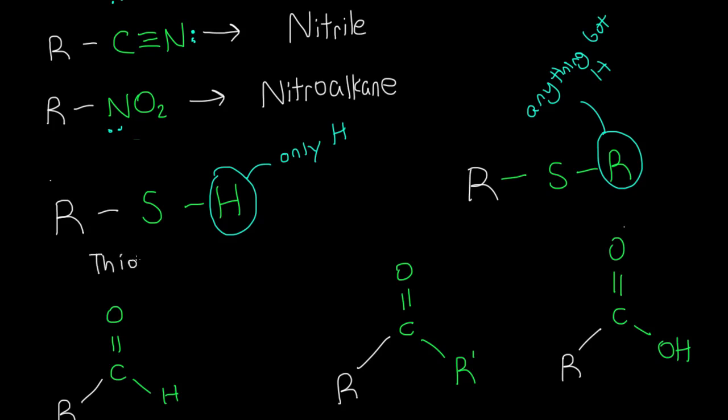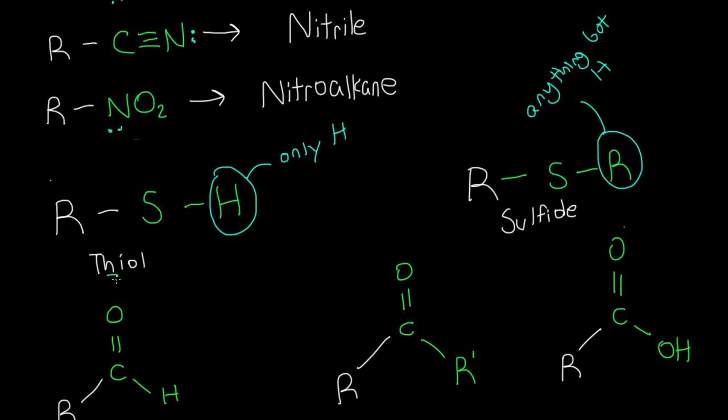Now we'll look at the name of the other one, and I'll show you guys my little trick to remembering these. So the one where we have an R group, or the rest of our compound, your sulfur, and then anything else that's not an H is actually called a sulfide. Now these have pretty different names, and you've got to memorize them, but if you're worried about getting confused between the two, just know the one that has the hydrogen has an H in the name.